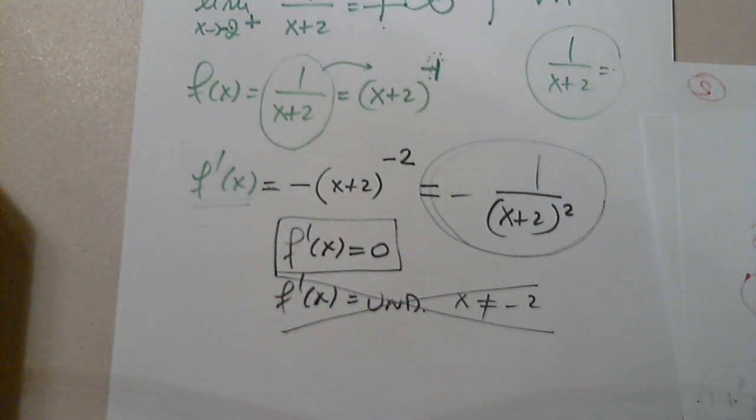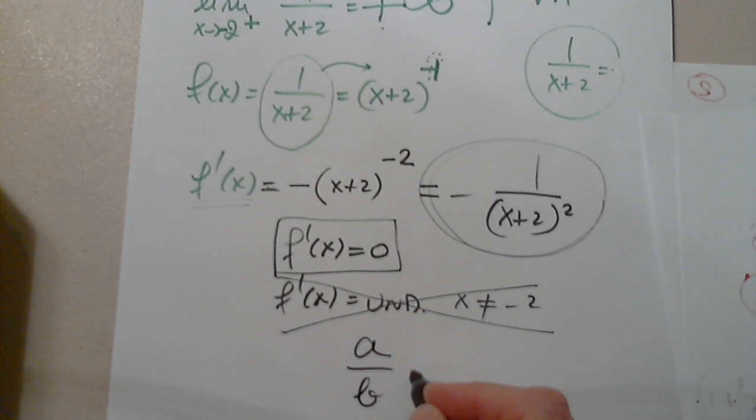Can this function be 0? When is a fraction 0?